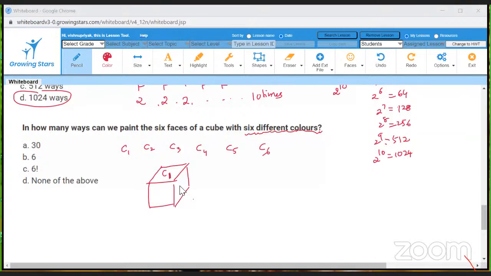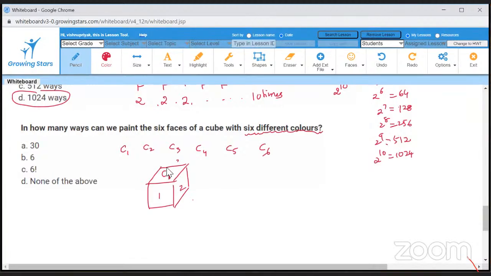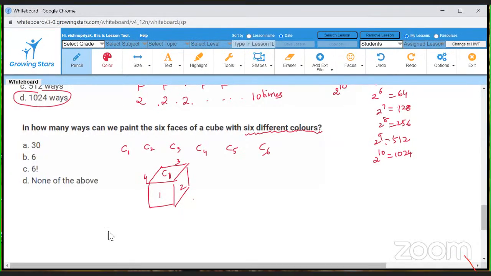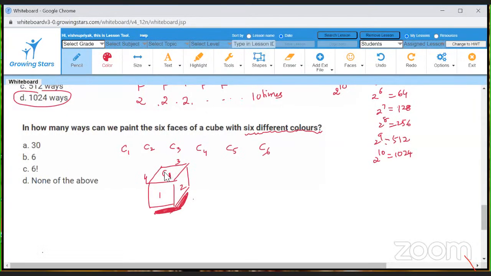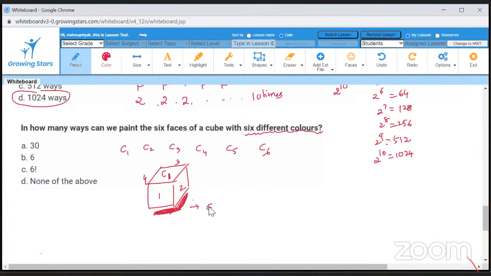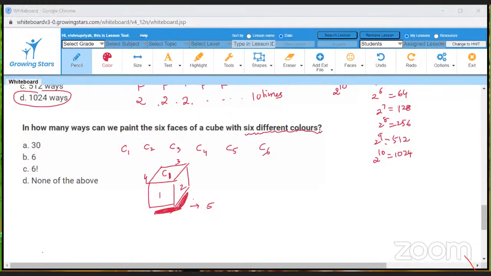On the top you have painted color 1, so the bottom one can be painted using color 2, color 3, color 4, color 5, or color 6, because color 1 is already done.